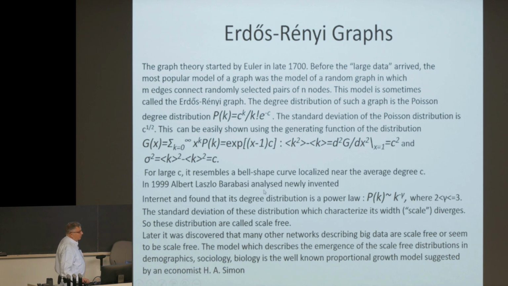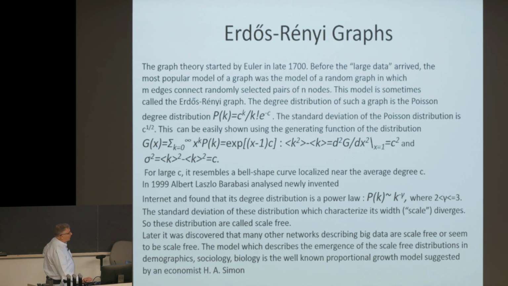But all this is beautiful and simple math, but it turns out that for the real, big networks studied in this era of computers, when all this information can be easily studied, the degree distribution is not Poisson at all for the majority of systems, and instead it's a power law.